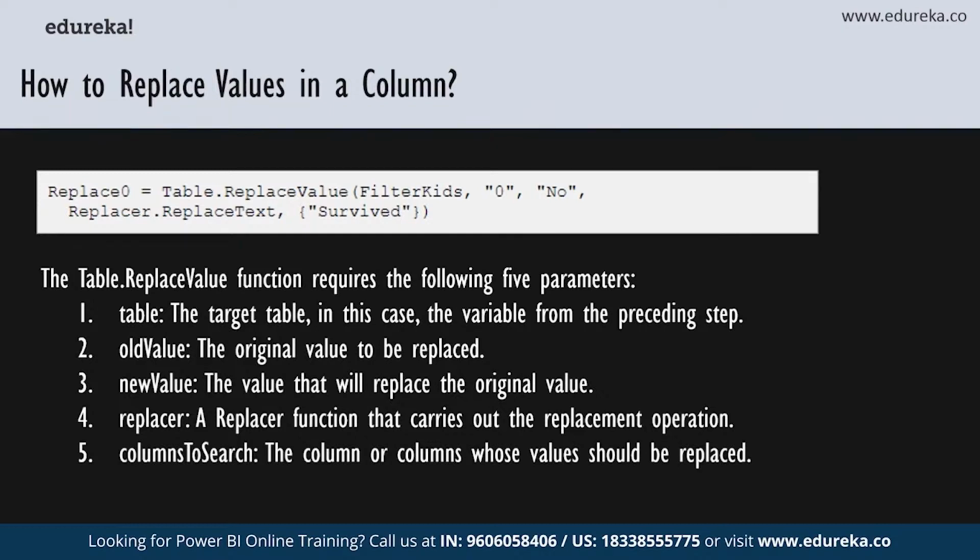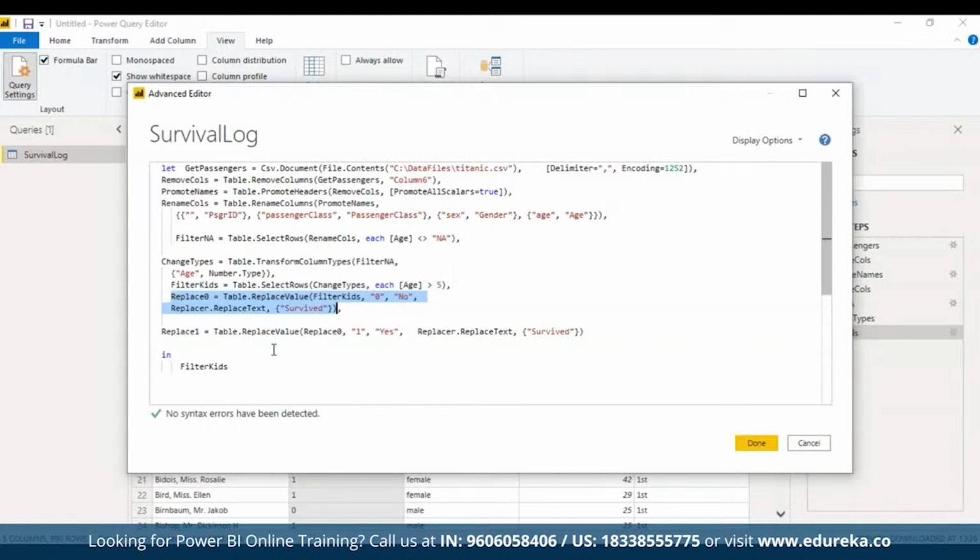So first, what we're going to do is replace the 0 values with no. And after you replace the 0 values, you can replace the 1 values with yes using the same construction. Here you have your old value, which is 1, your new value, which is yes, the table, which is the replace 0 table, the replacer, which carries out the replacement function, in the column survived.